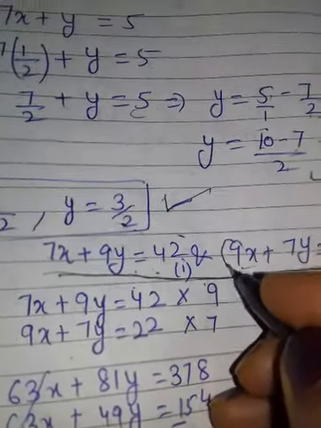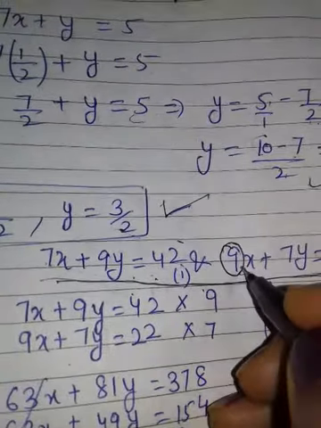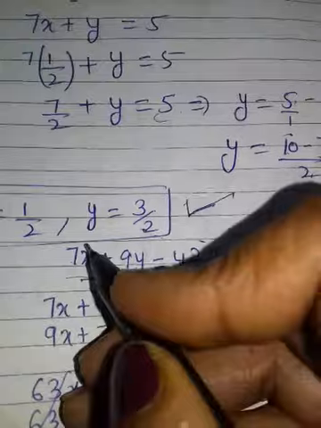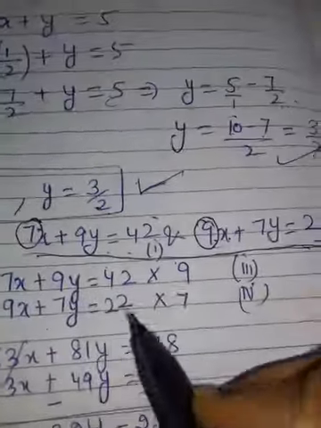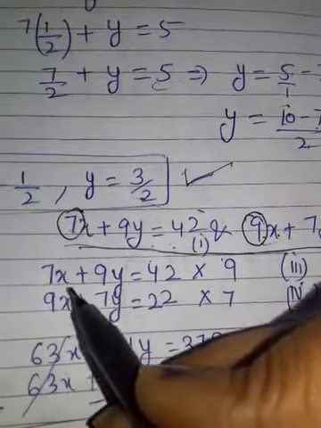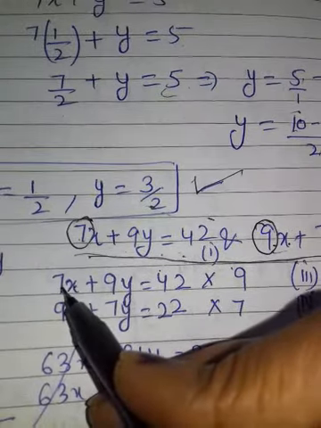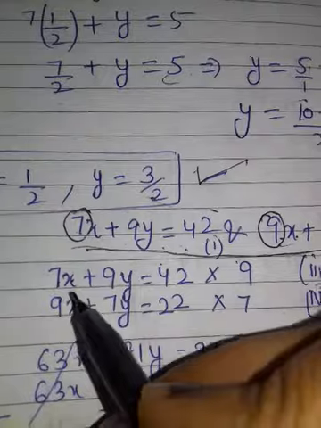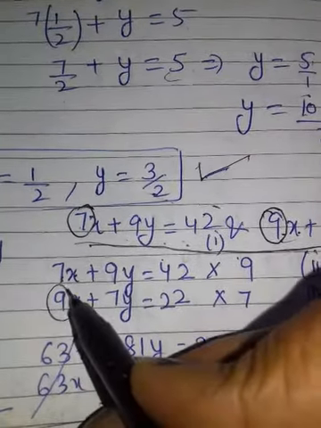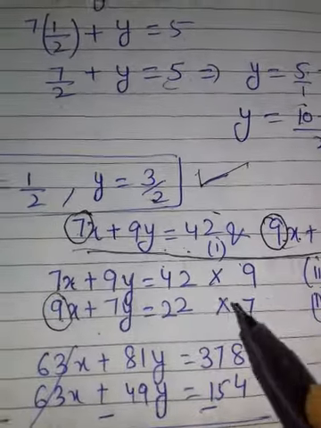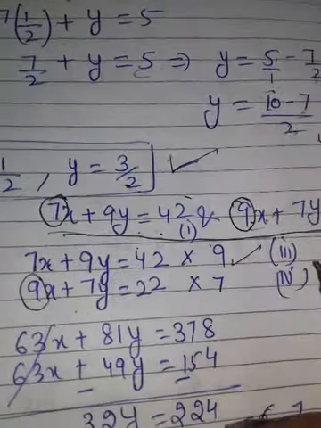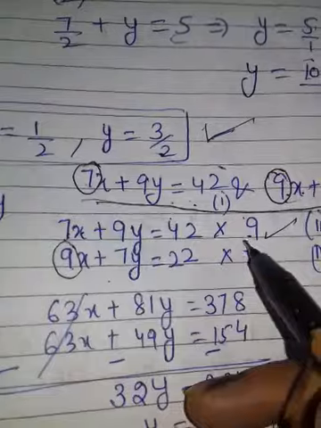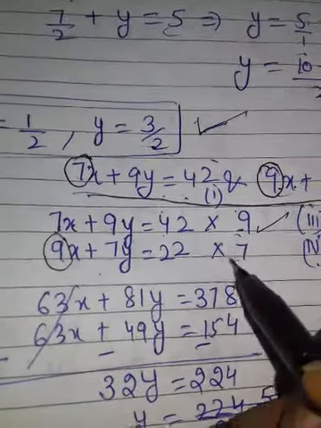You have to multiply the coefficient of x of the first equation with the second equation, and the coefficient of the second equation with the first. The coefficient of x in the first equation is 7, so I multiplied it with the second. The coefficient in the second equation is 9, I multiplied it with the first. I gave the names third and fourth. So you will multiply inside and here also.